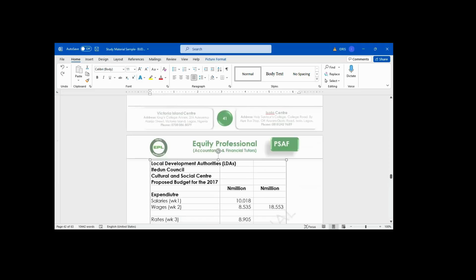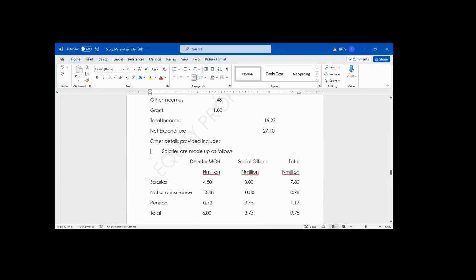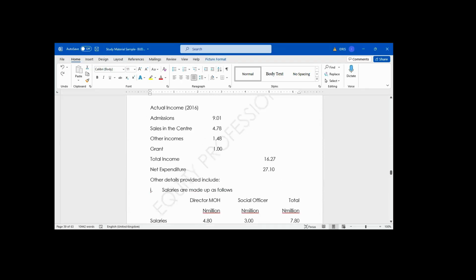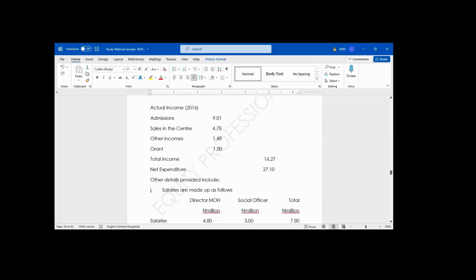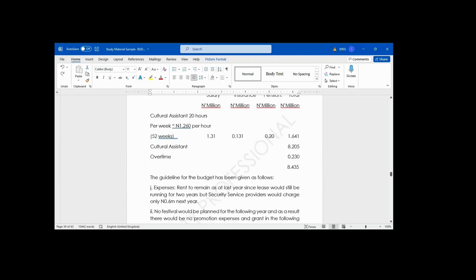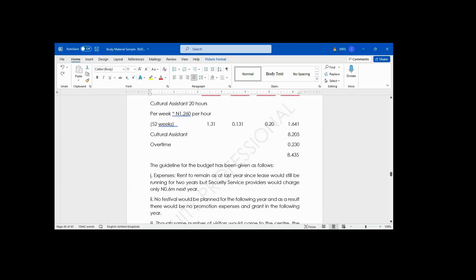After service level agreement, which expense is next in the budget expenses prepared? Promotion expenses. So what is the note, so that we can know the amount we are going to use for 2017? Note 2.